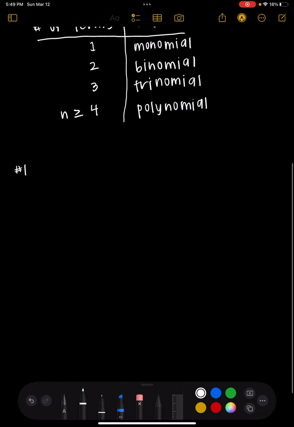The first example is 4x squared plus 10x minus 5. The first thing I like to do is look at the degree. The degree, remember, is the highest exponent that I have. So this one has an exponent of 2. This one has an exponent of 1 because there's only one x. There's not necessarily an exponent, but because I see that x there, I could put an imaginary 1 right there.